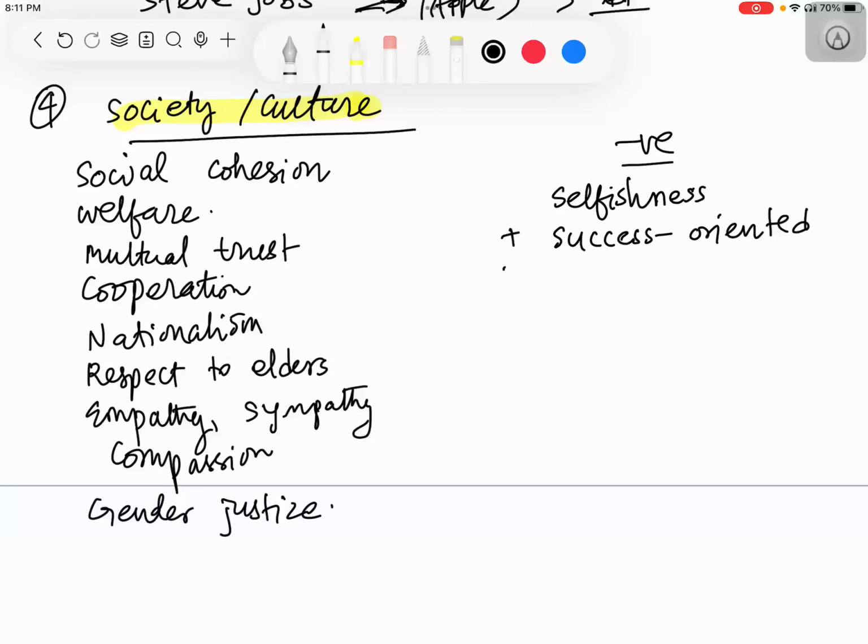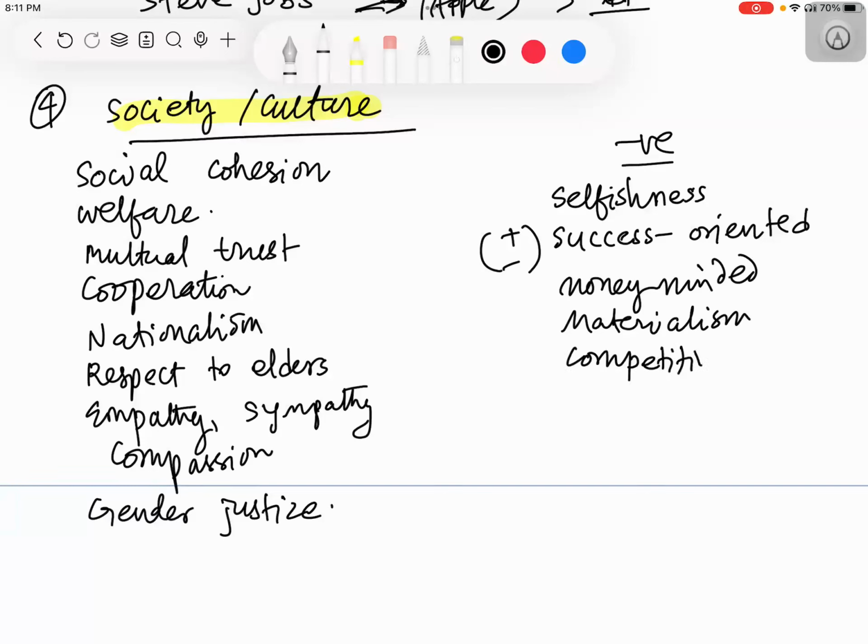If you are trying to succeed by hook or crook, that is also a negative value. Then money minded, or in general you can call it materialism. Competitive, excessive competitiveness. You can also write corruption. But we will not write too much of this, we will focus on the positive part.